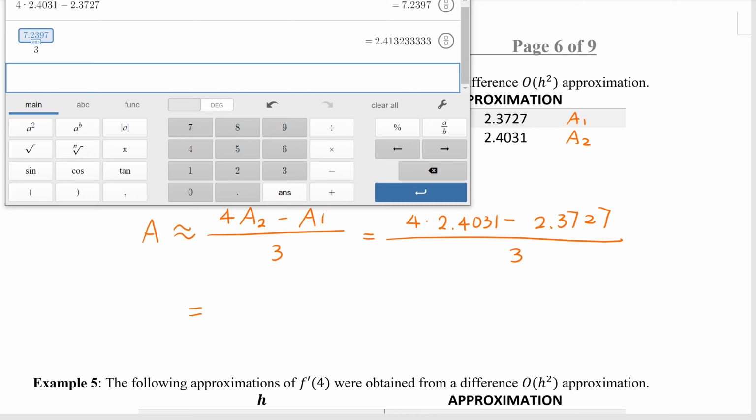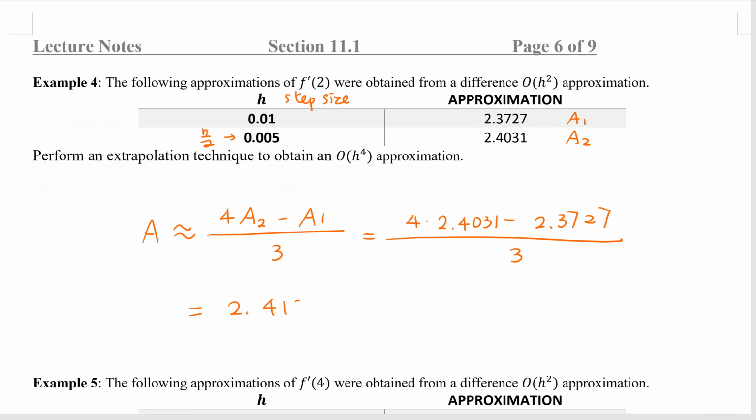We get 2.4132, with the 3 repeated. Okay, so far so good, everybody? All right, let's continue.